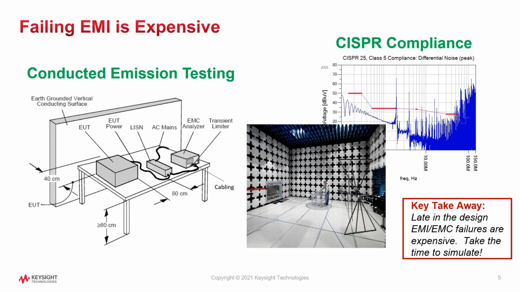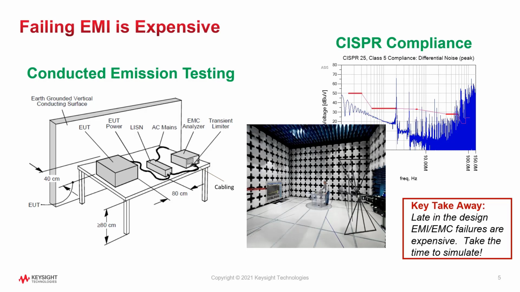Now, a major source of EMI/EMC failures are caused by the large current transient and voltage ripple on the power rail. Failing an EMI/EMC test at the end of the product design cycle, such as this CISPR conducted emission compliance test shown here, can be costly.